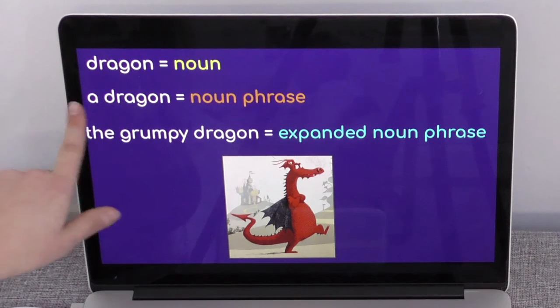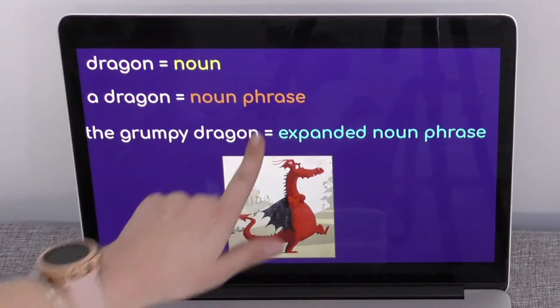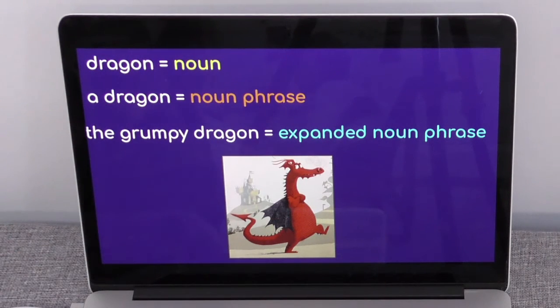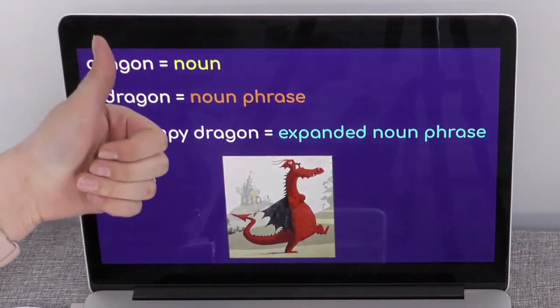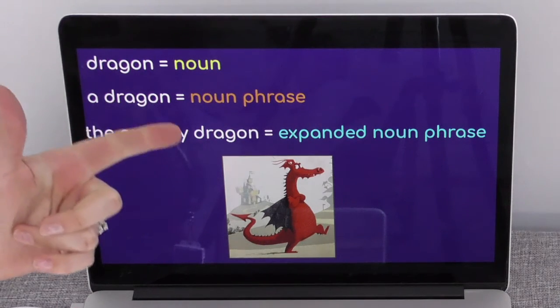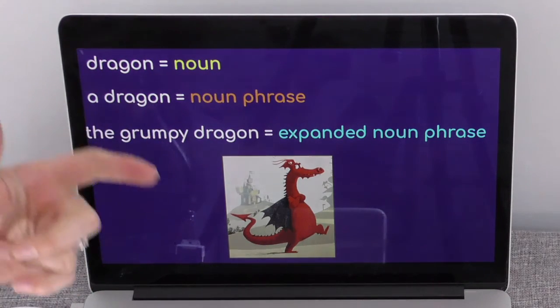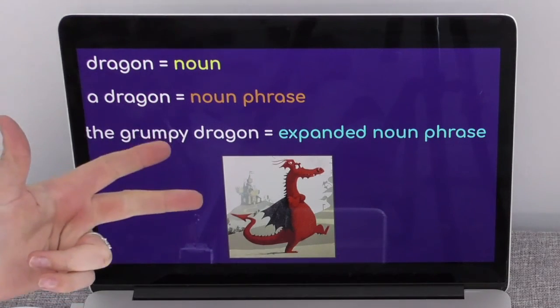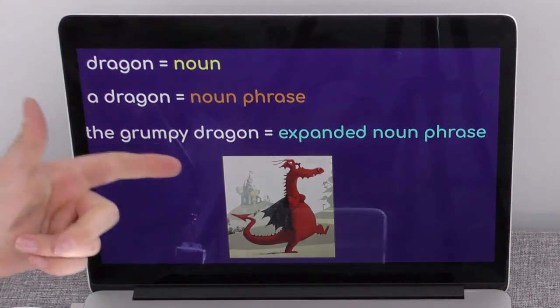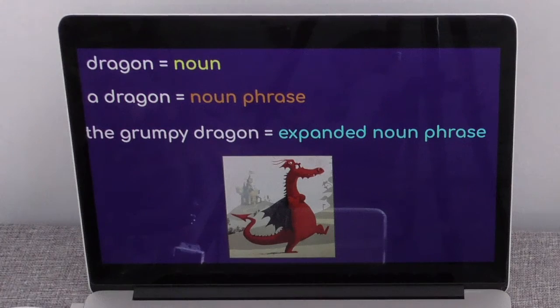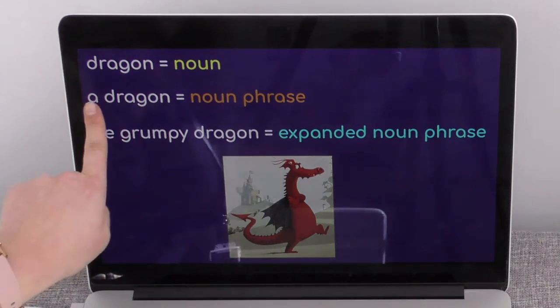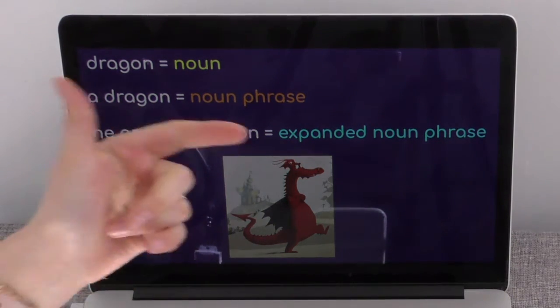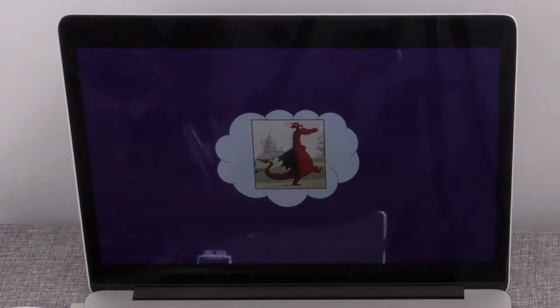So it could be a dragon or the dragon for a noun phrase, but expanding upon it, explaining what the dragon is like. He's grumpy or angry. So you might have noun, dragon, noun phrase, a dragon, expanded noun phrase, an angry dragon, or the grumpy mad dragon. Is adding information about the noun phrase, a dragon or the dragon.